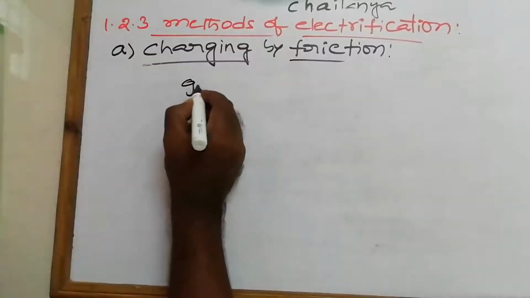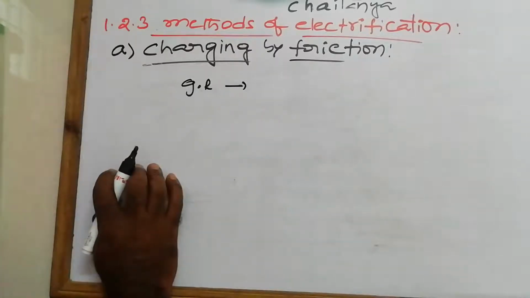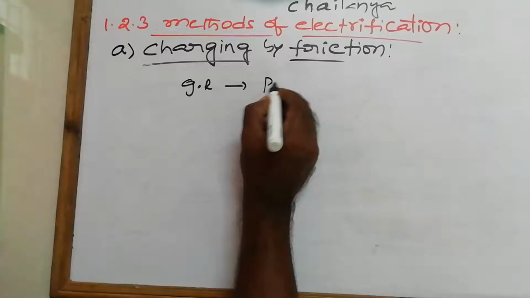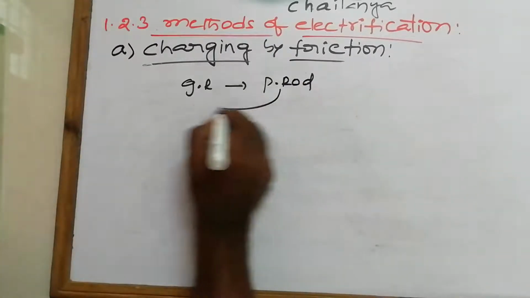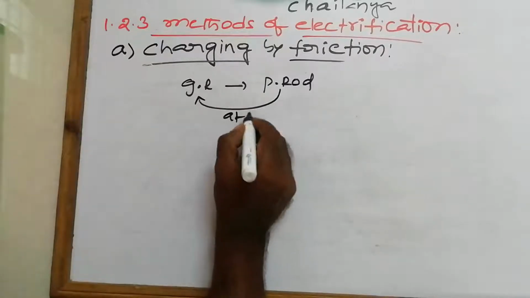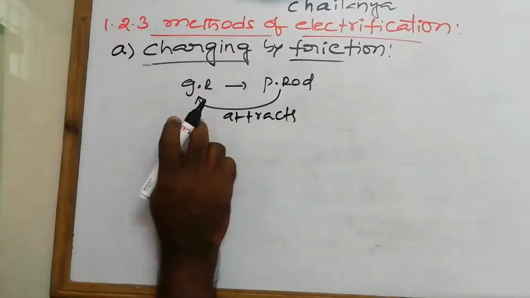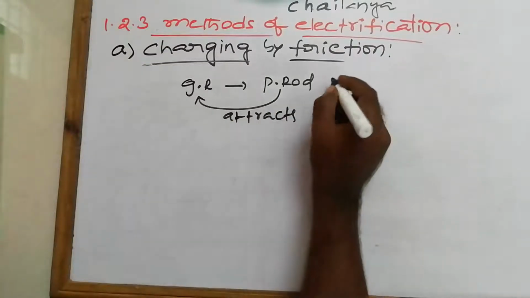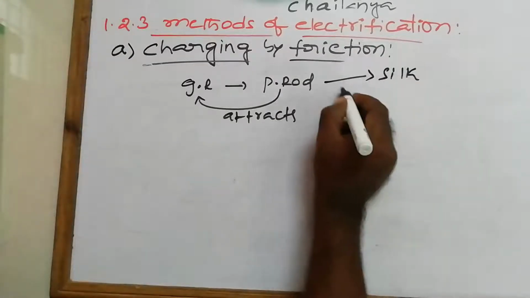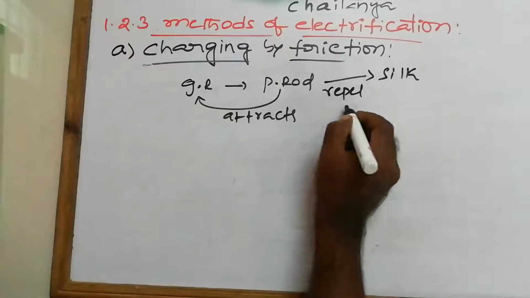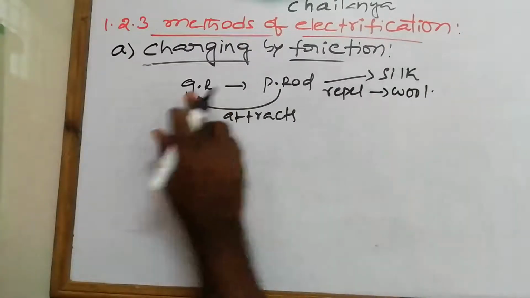Let us consider the glass rod and the plastic rod. The plastic rod always attracts the glass rod, but the plastic rod always repels the silk, and also repels the wool with which the glass rod is rubbed.